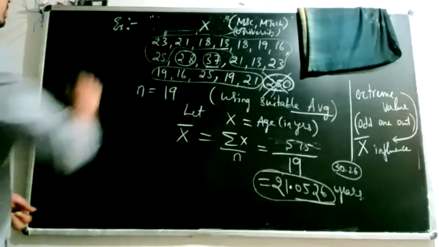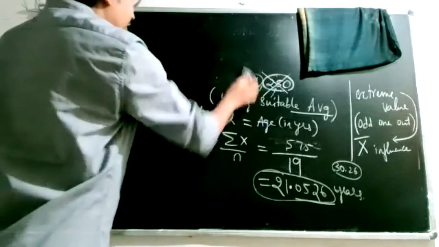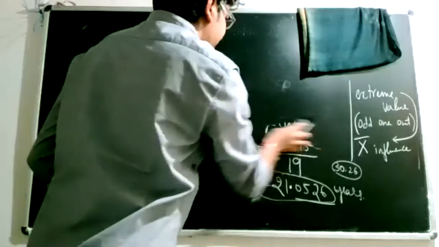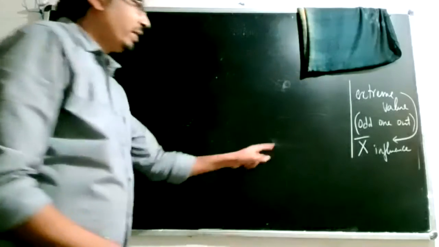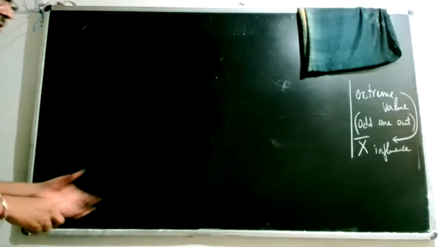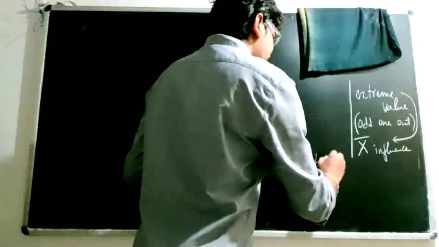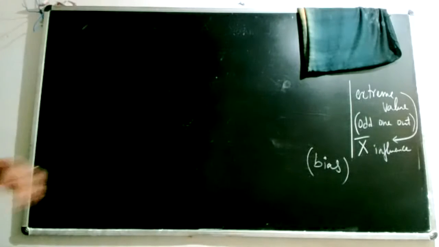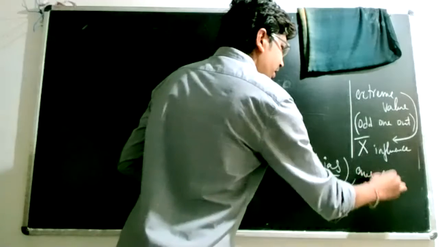Now the question: on what basis do you remove it? I said, whatever you do for the data, always use mathematical and scientific methods. Otherwise, your personal judgment will alter the value of the average, and once your values are altered based on personal judgment, we say personal bias is involved in the computation, and the results you observe may not be true for the general population.